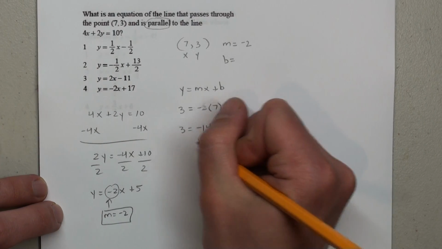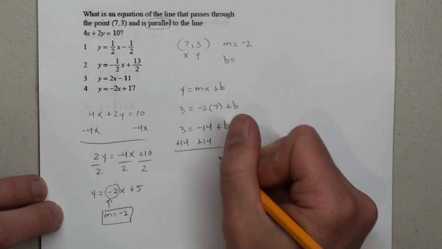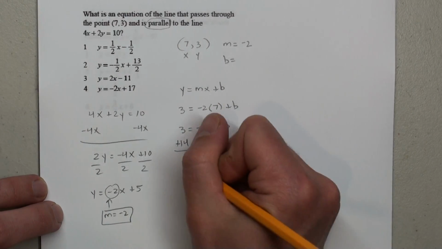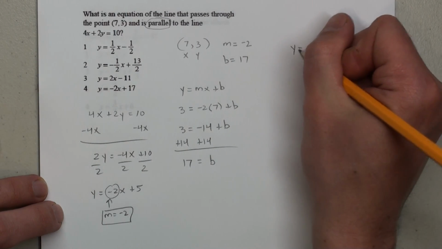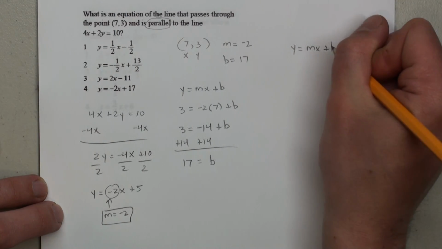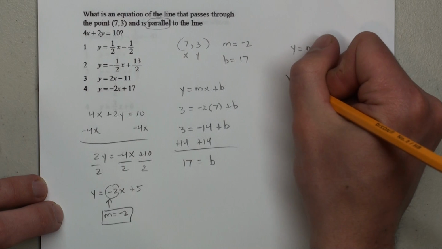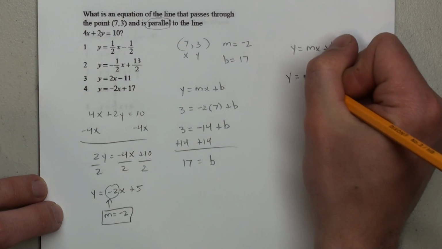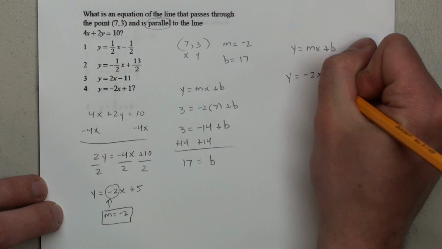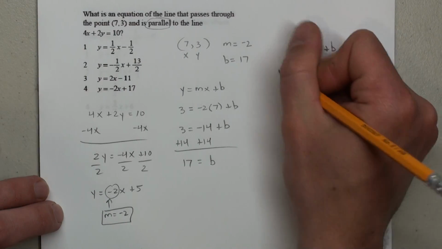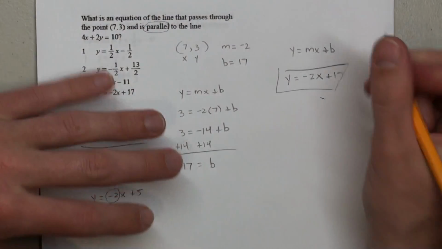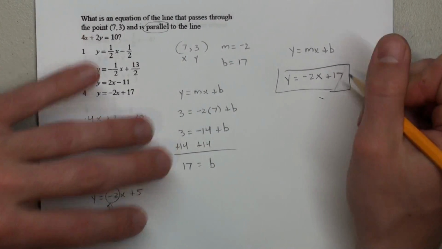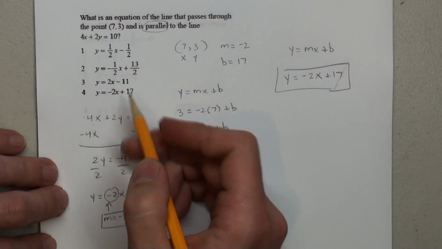Let's add 14 to both sides. To find out what is b, it's 17. Big number. So y equals mx plus b. y equals, my slope is negative 2, x plus 17. Wow. I got to do it a little slower here. That's choice 4.